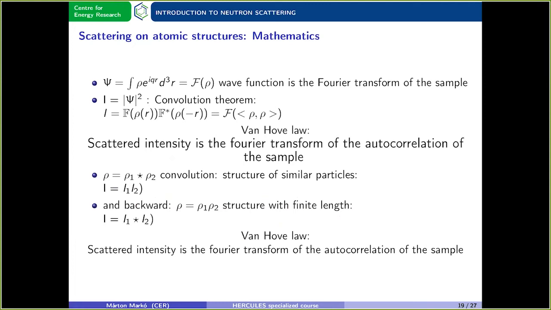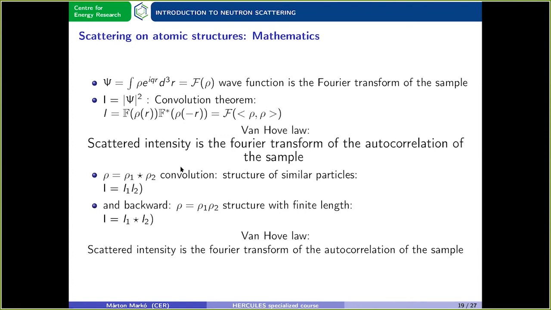So if somebody is good in Fourier transform and convolution and so on, then very quickly I can tell you that the scattered wave function is the Fourier transform of the sample. What we see is the absolute square, and using the convolution theorem we will see that the intensity is the Fourier transform of the scattering length distribution convolved with itself, which is the autocorrelation function.